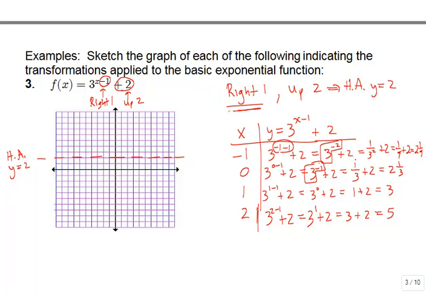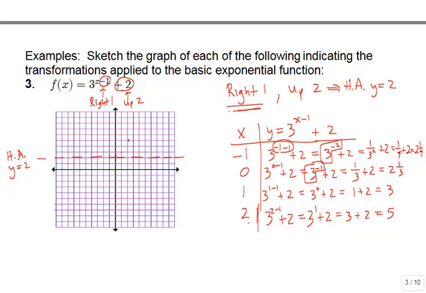So let's go ahead and graph all 4 points. Negative 1, 2 and 1/9. All I know is that that's just a little bit bigger than that horizontal asymptote at a height of 2. 0, 2 and 1/3 is just going to be a tiny bit higher than that last point. 1, 3 would be here, and 2, 5 puts me up here.